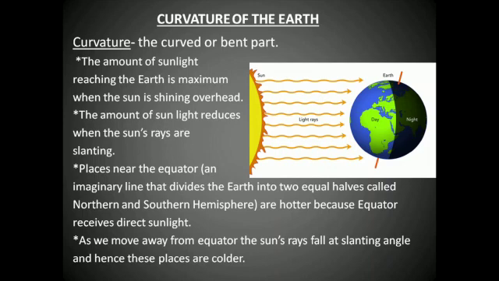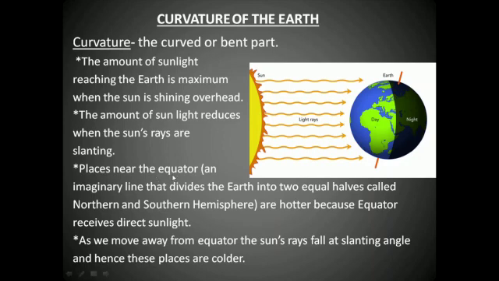The amount of sunlight reduces when the sun's rays are slanting. It means that the intensity of sunlight reaching the earth reduces. For example, in the evening we have seen less sunlight as compared to afternoon.